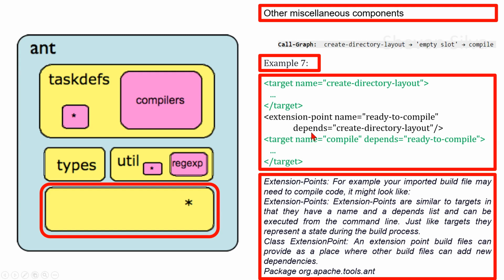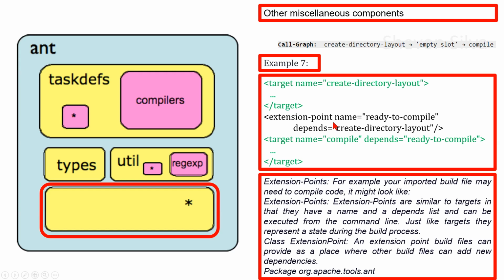The main purpose of an extension point is to act as an extension point for build files designed to be imported. In the imported file, the extension point defines a state that must be reached, and targets from other build files can join the depends list of said extension point in order to contribute to that state.